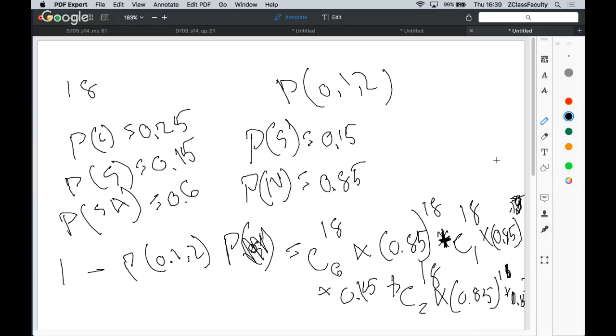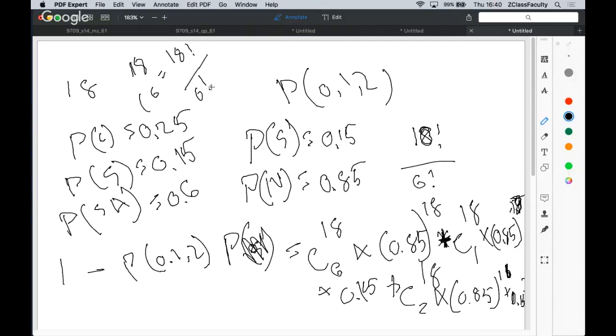For example, what does 18 choose 6 equal to? It's equal to 18 factorial over 6 factorial, and then you can just take away the 6. No, there's something missing. So 18 choose 6 is equal to 18 factorial divided by 6 factorial times something.